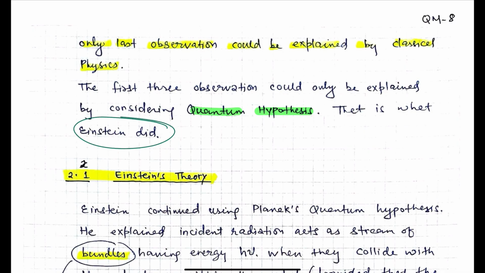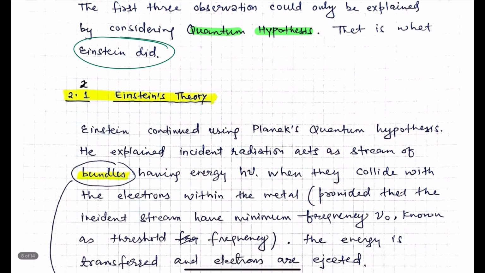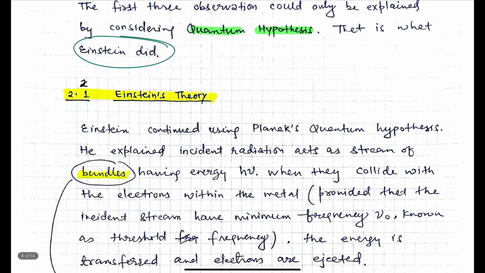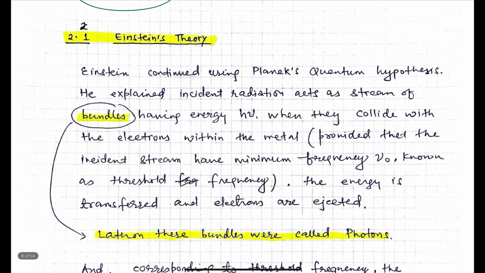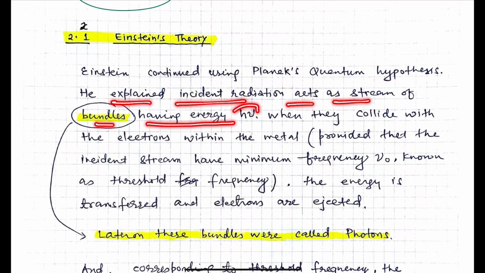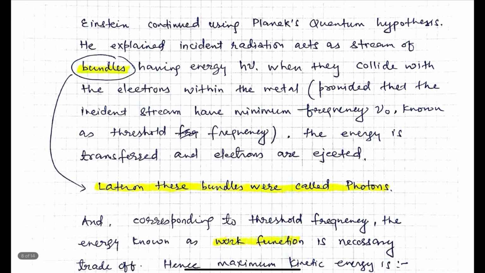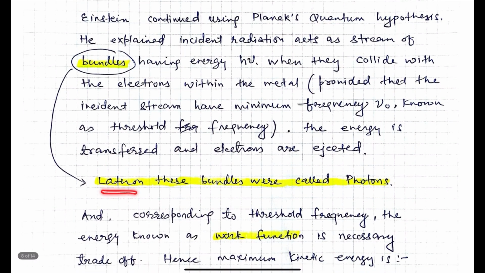And this is what Einstein did. Let us try to understand Einstein's theory, which is very interesting, and it led him towards the path of the Nobel Prize. Einstein continued using Planck's quantum hypothesis, and he explained that incident radiation acts as a stream of bundles having energy h nu. These bundles are later known as photons.